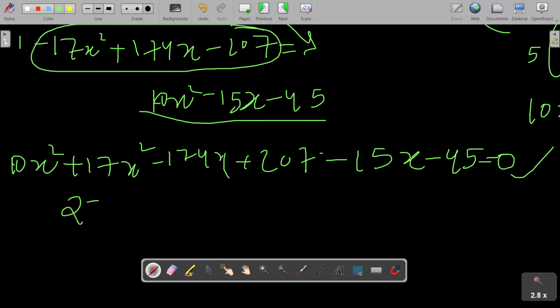So this is 27x squared, minus 174 and 15 is 189, so minus 189x, plus 207 minus 45 is 162.